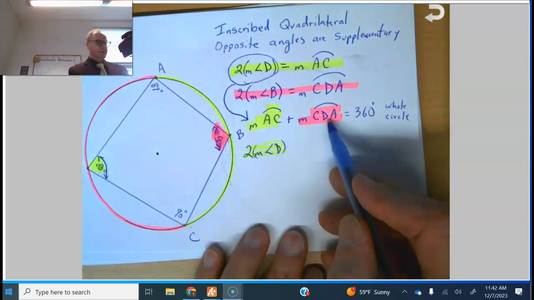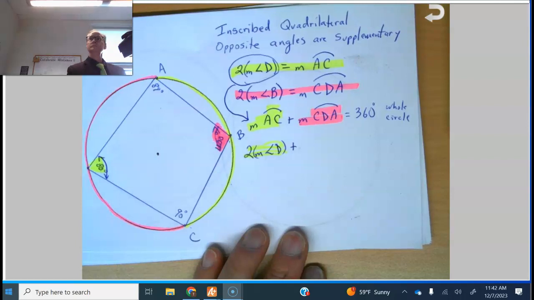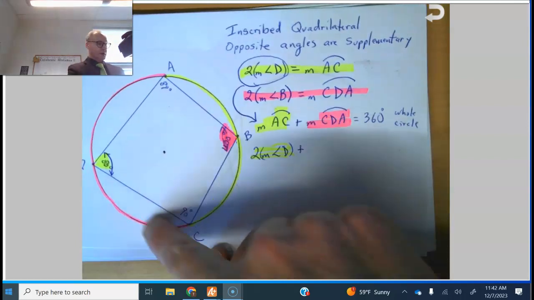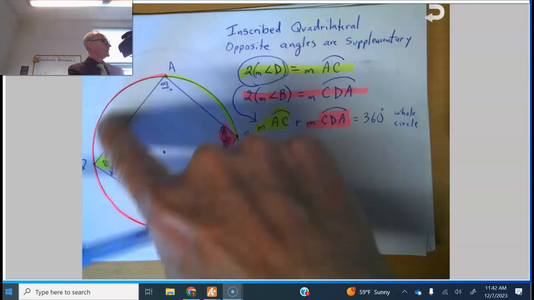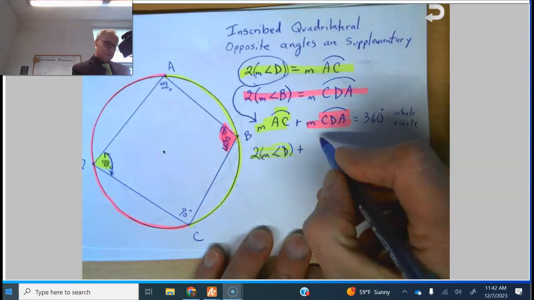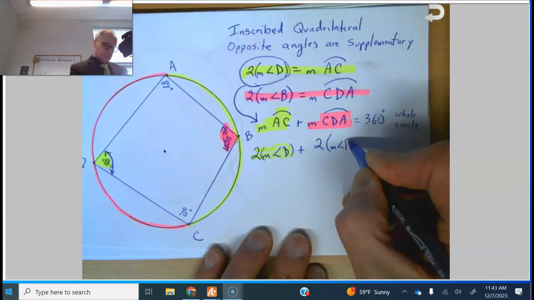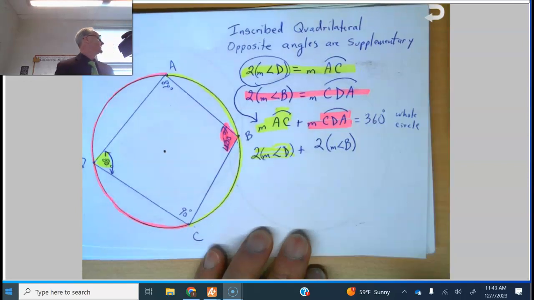What am I going to put instead of the big arc? Instead of this pink arc right here, I can put 2 of these angles. All I'm doing is substituting.